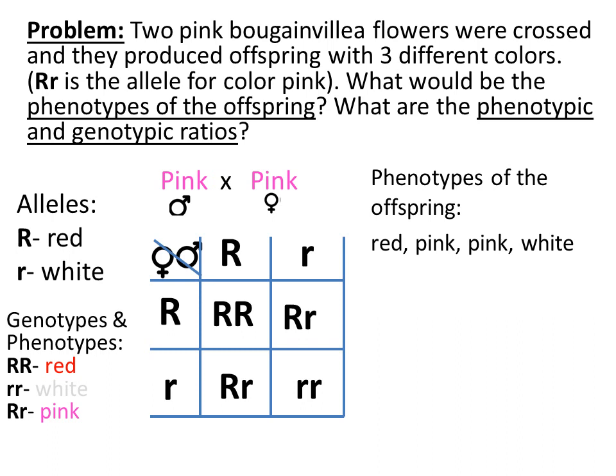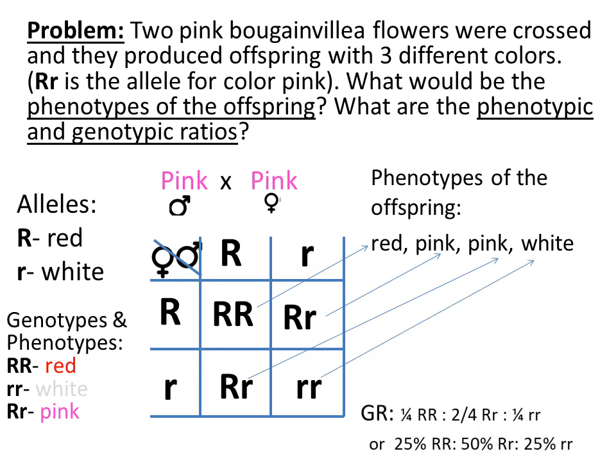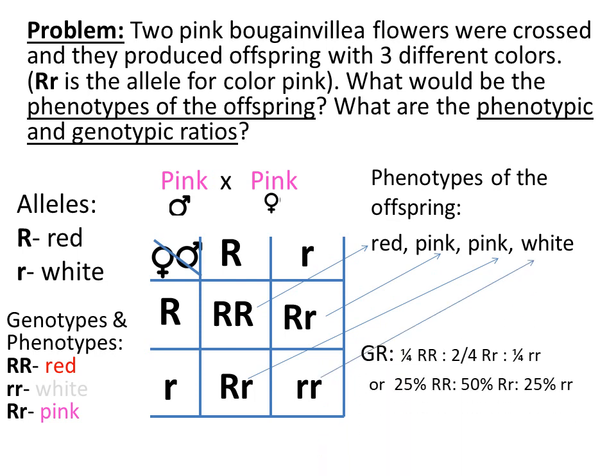What are the phenotypes of the offspring? We have red, pink, another pink, and white. Genotypic ratio, 1/4 big R to 2/4 big R, small r to 1/4 small r.